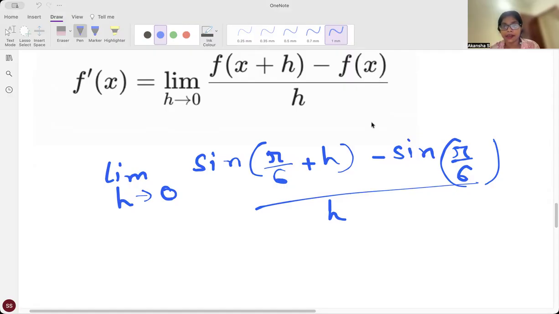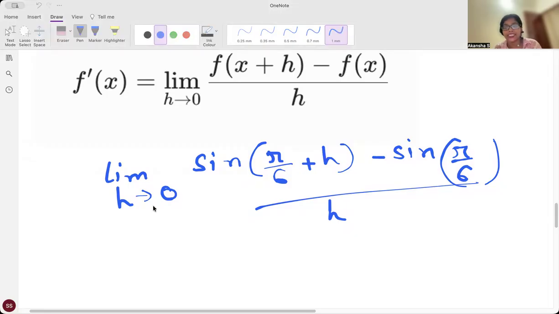Let me show you what we will actually do in this case. We will not expand the trigonometry. We will recognize the structure. It's simply asking for f dash x, right?